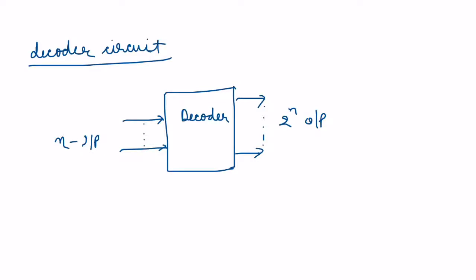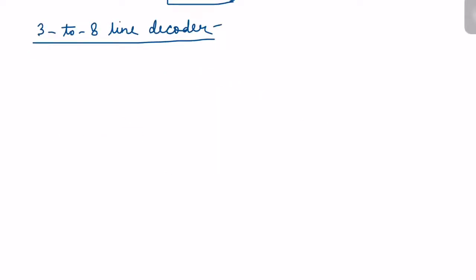The next topic is the 3 to 8 line decoder. In a 3 to 8 line decoder, the number of inputs equals 3 and the corresponding number of outputs equals 2 to the power 3, equal to 8.